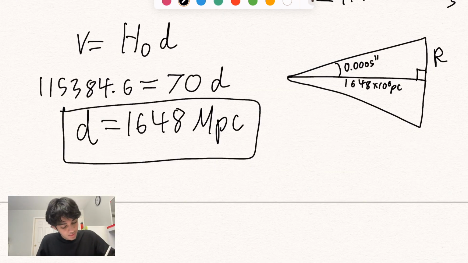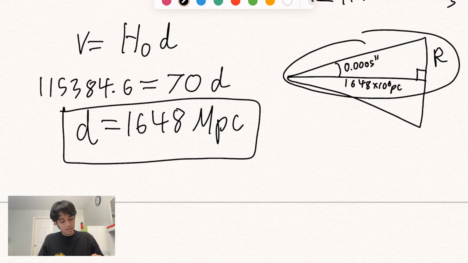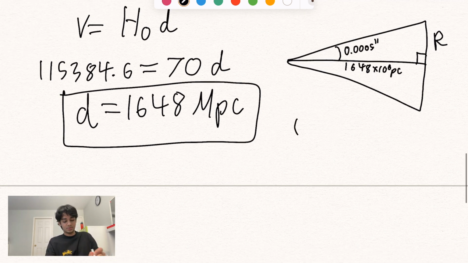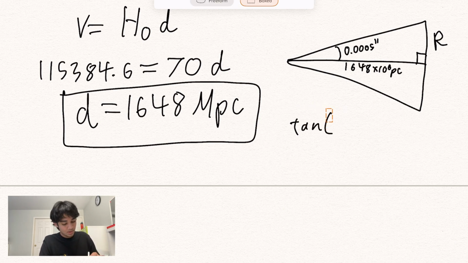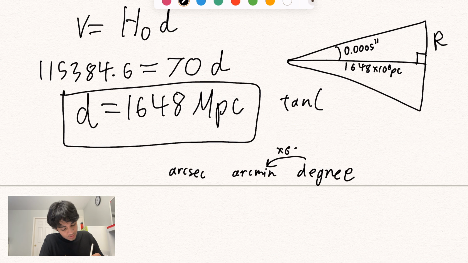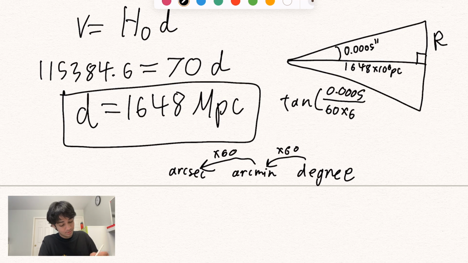Okay, so we have a right angle triangle here, and we have this side. We need to find this side. That means we have to use tan. So that means tan of, let's convert that 0.0005 arc seconds, which is half of 0.001, because we're only taking this top half of the triangle. Let's convert that into degrees. So we're going to have 0.0005 divided by 60 to get to arc minutes, and then divide by 60 to get to degrees.